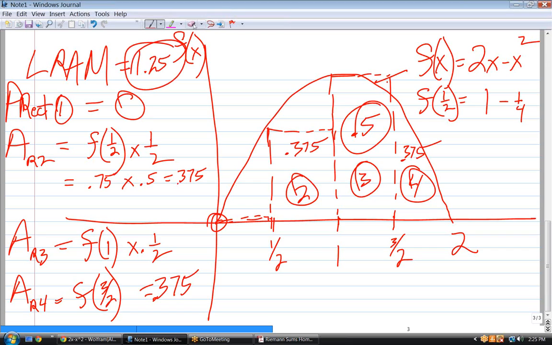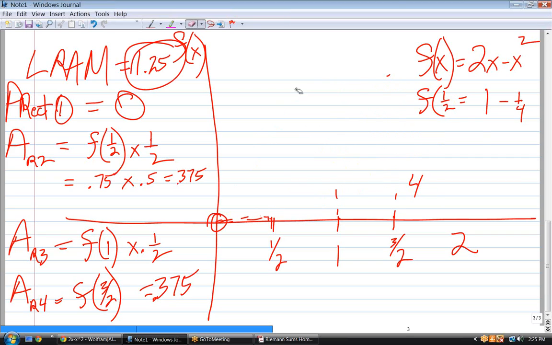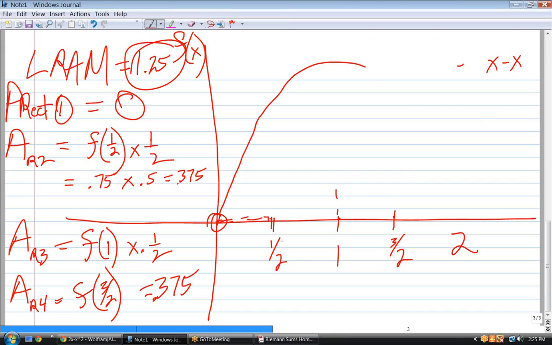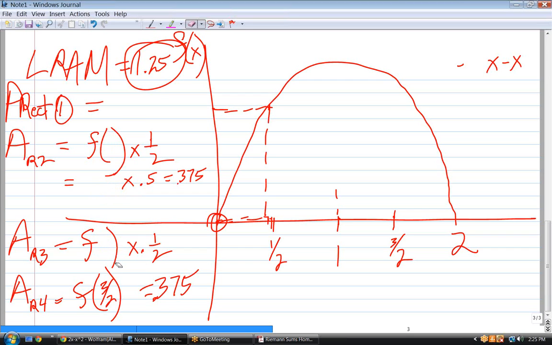Okay. Now let's do right rams. So the first rectangle is that. So the area of... then we would be, yeah, that's just 0.375.